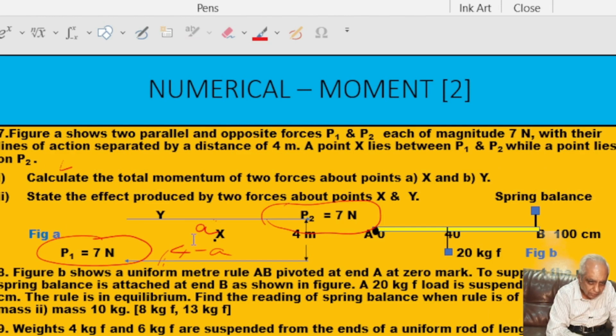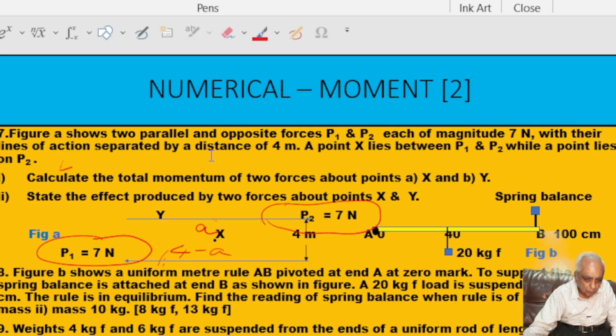Then it says about Y. The distance of Y from P2 is 0, so moment is 0, and the distance of P1 from Y is 4, so it would be 7 into 4, 28.